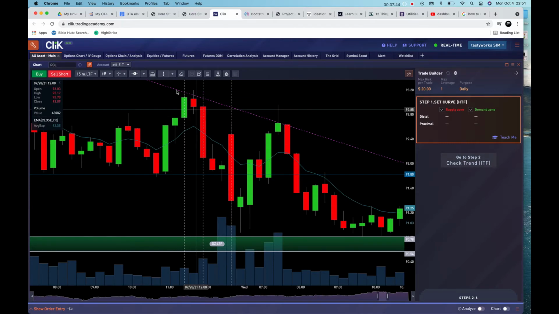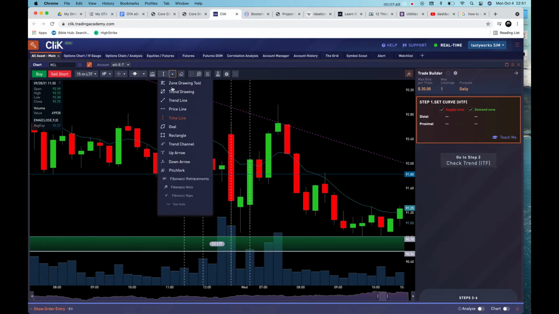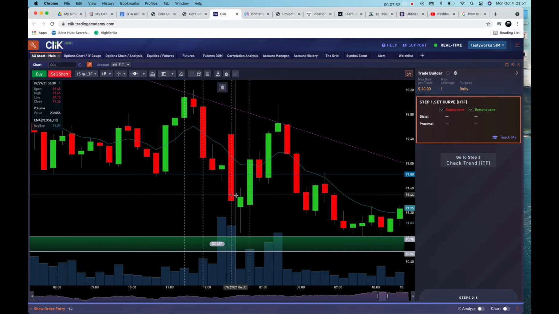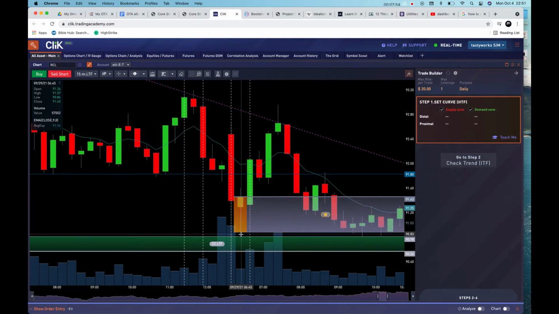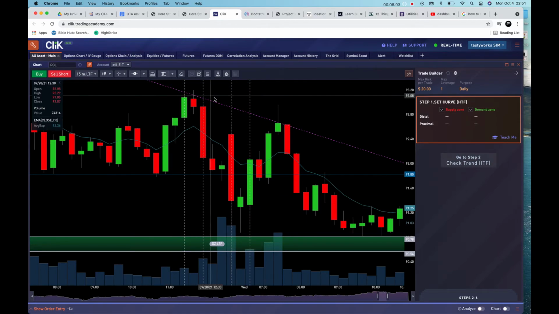Okay, so we have this one here. We can do that to isolate the base. And then we would draw our zone like so. Okay? Let's see if we can find any others. Let me get rid of all these lines.